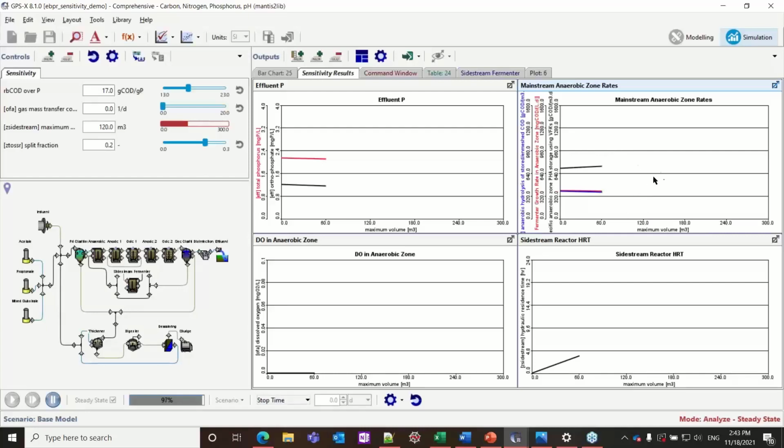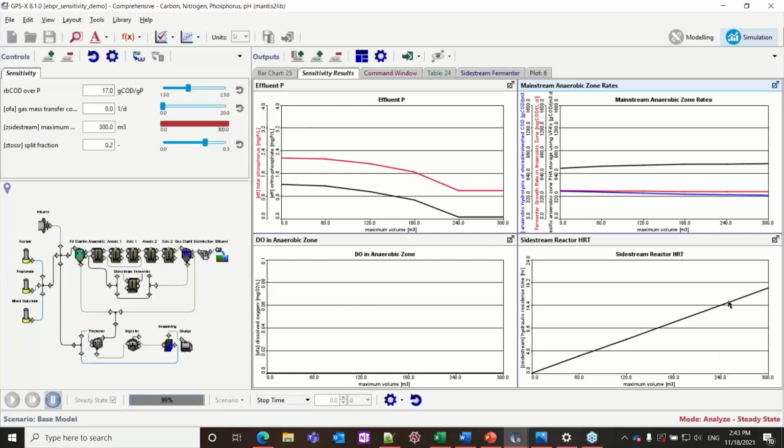I've just put the hydrolysis rate, the fermenter growth rate, and the PHA storage rate from the mainstream anaerobic zone here, just so we can visualize it a bit easier. And then here I have the DO concentration in the anaerobic zone. It's not really important until the last sensitivity analysis, so we'll get back to it then. And then here's the side stream reactor HRT. It's just showing how the HRT in the side stream reactor increases as the volume increases.